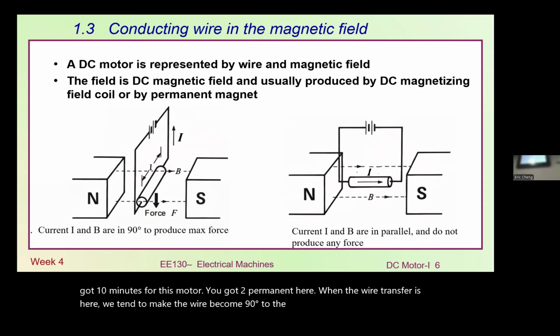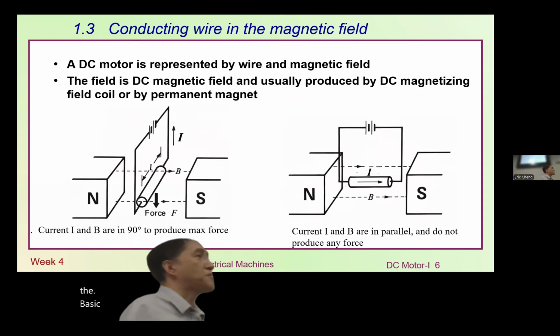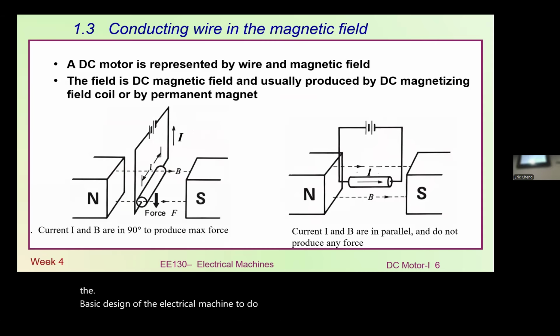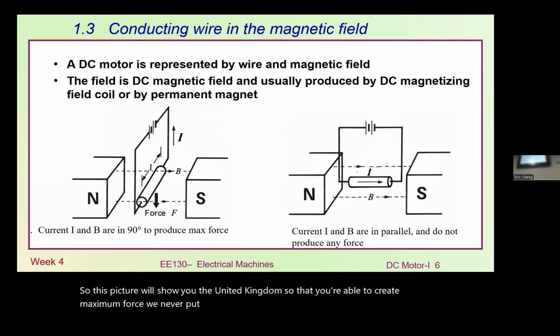You can see here that it's 90 degrees, so you get the maximum force. This picture shows the 90 degrees so that we can create maximum force. We never put the wire the other way because it doesn't do anything. At 0 degrees, in parallel, it doesn't create any force.